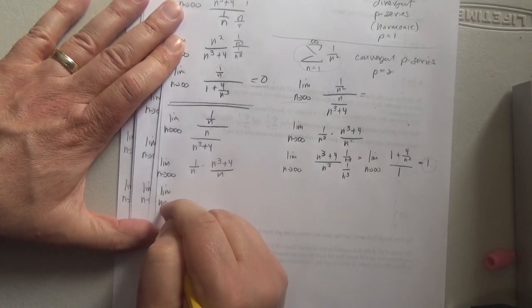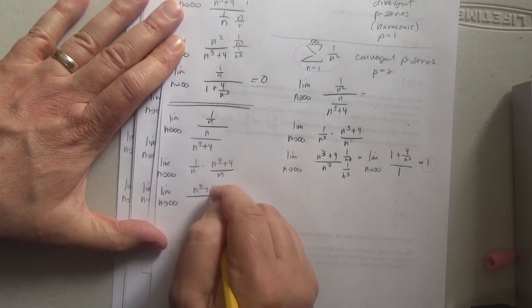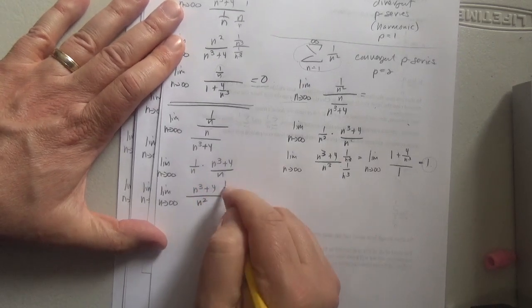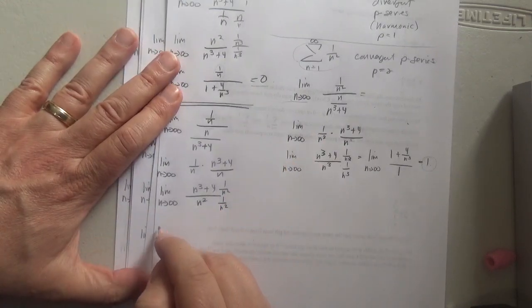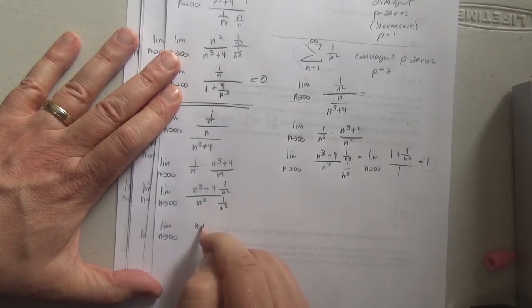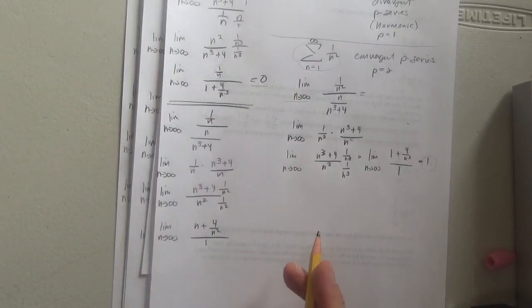I get the limit as n approaches infinity of n cubed plus 4 over n squared. I multiply by 1 over n squared top and bottom. I get the limit as n approaches infinity of n plus 4 over n squared over 1.